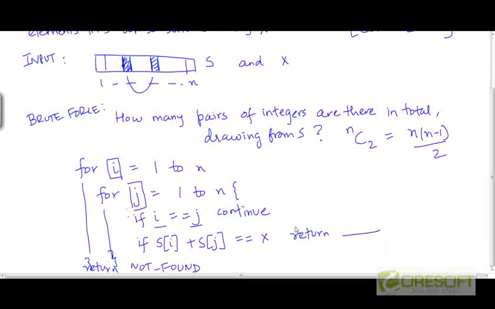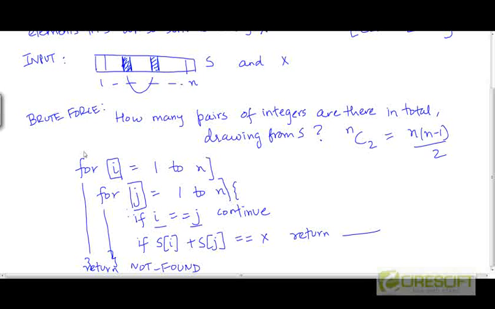Now the complexity of this brute force algorithm is going to be proportional to the number of pairs of integers that there are in total, because in the worst case, we'll be checking every possible pair and we'll be finding that none of the pairs adds up to x. So in fact, whenever you have a double loop like this, where i varies from 1 to n and j varies from 1 to n, regardless of how many statements you're going to execute within the loop, you are having n different values of i and you're pairing them with n different values of j.